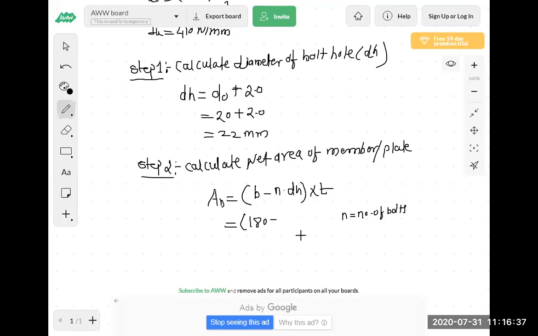How many bolts are given? 6 bolts are there. Now DH is 22 into thickness 20. So calculate AN, net area of the plate: 960 mm square is the net area of the plate.